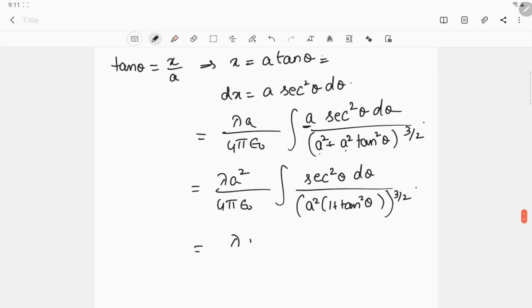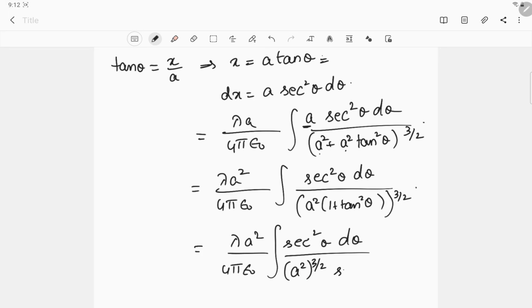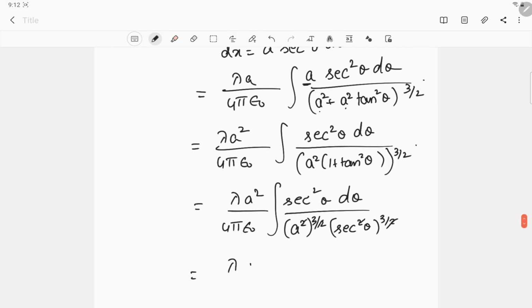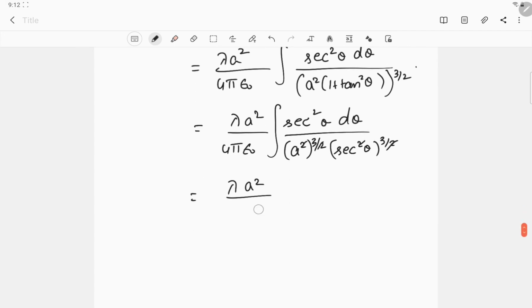Okay, simplify this. So lambda a square divided by 4 pi epsilon naught, secant square theta d theta divided by a square to the power 3 by 2, and here secant square theta to the power 3 by 2. So the powers will get cancelled. Therefore, I will be having lambda a square divided by 4 pi epsilon naught, secant square theta d theta divided by a cube into secant cube theta.